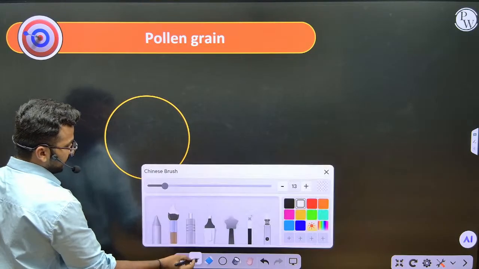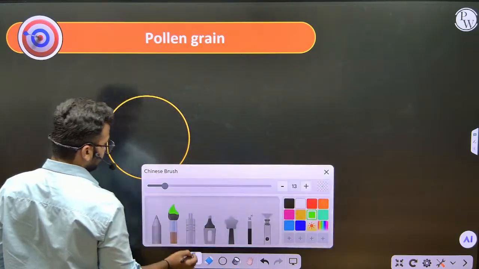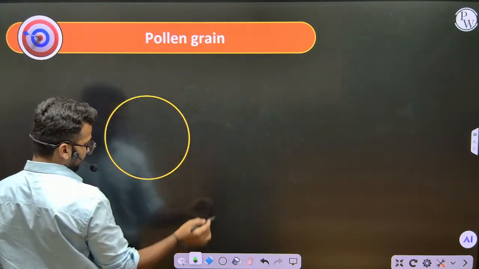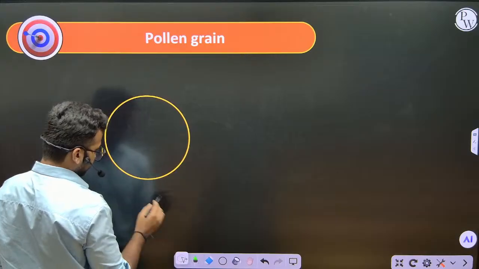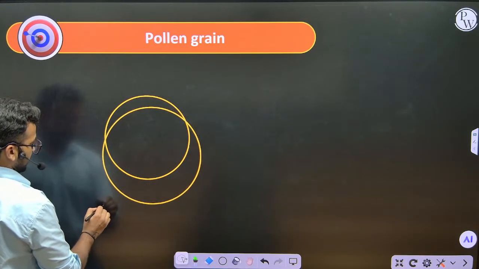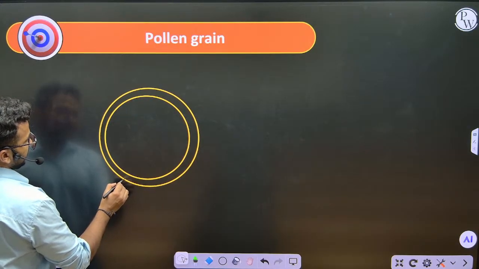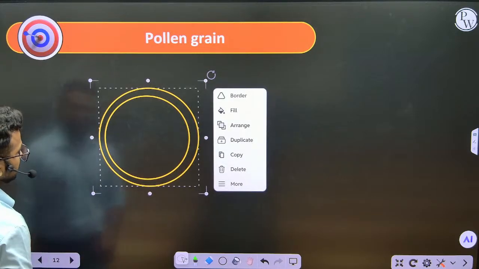Outside of this plasma membrane you will be seeing another layer. Let me duplicate this one. Another layer is seen outside of this one.